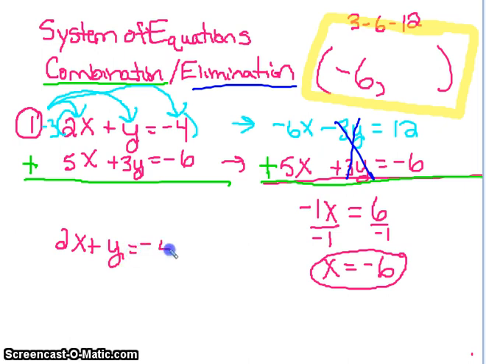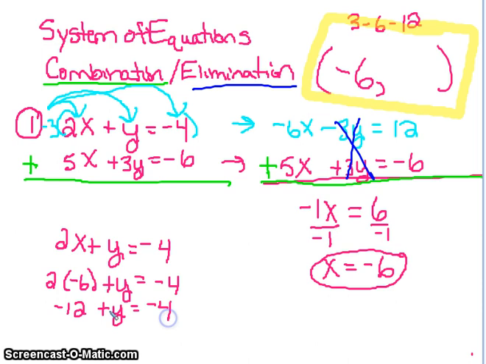One with the least number of negatives or the least number of coefficients. 2 times -6 plus y equals -4. 2 times -6 is -12 plus y equals -4. And when you add 12 to both sides, then you get y equal to 8. So there's my other coordinate. -6, 8.